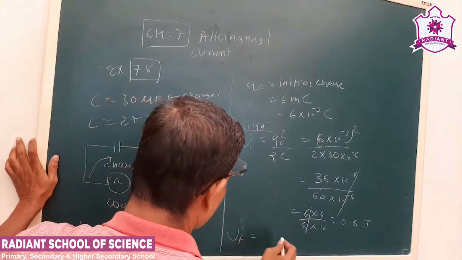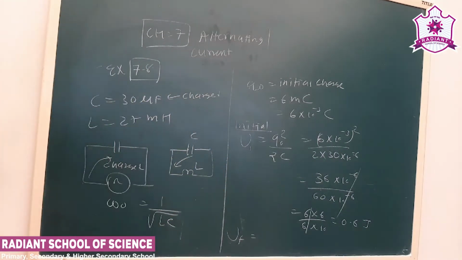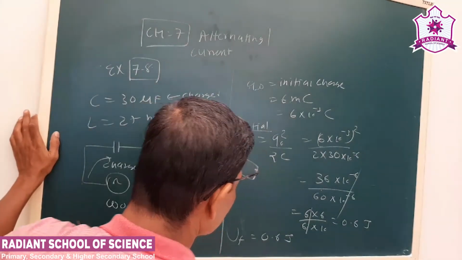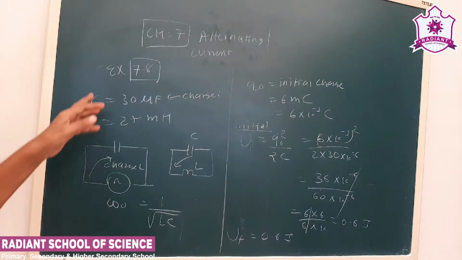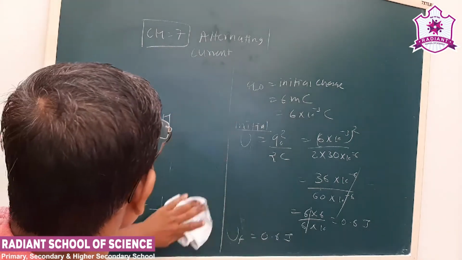Here also there is no need to calculate, because we assume this is an ideal circuit with no energy losses, so the final energy will also remain 0.62. So this is how we can solve exercise sum number 7.8. Now next is exercise sum number 7.9.